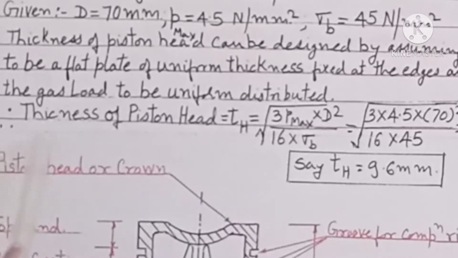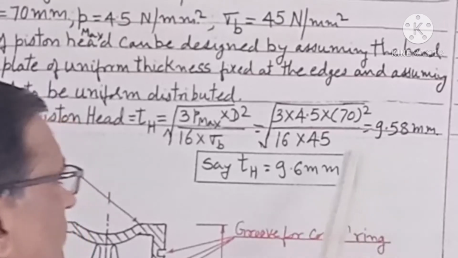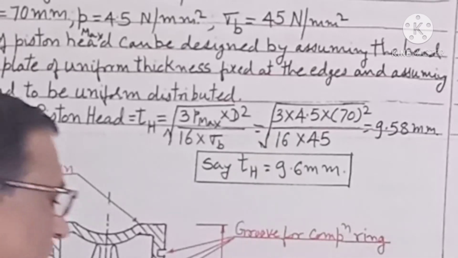From the formula, thickness of piston head TH is equal to root of 3 P maximum into D square upon 16 into sigma B. Putting the values of P maximum, piston diameter and bending stress, we calculate the thickness of piston head TH. That comes out to be 9.58 millimeter. We will take, say, TH is equal to 9.6 millimeter.